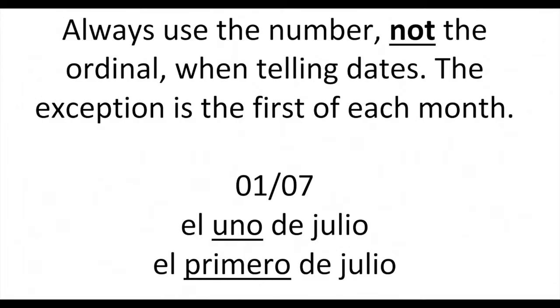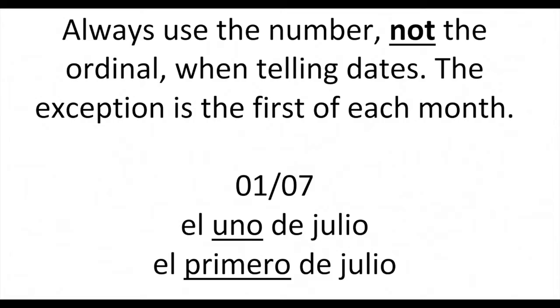There is, however, an exception, and that's on your screen right there. The exception is the first of each month. If we are talking about the first of each month, then you have the chance to use just the regular number or to use the ordinal number, meaning first. But this happens only on the first of each month, not the second, not the third, not the fourth, not the 25th, but the first of each month.